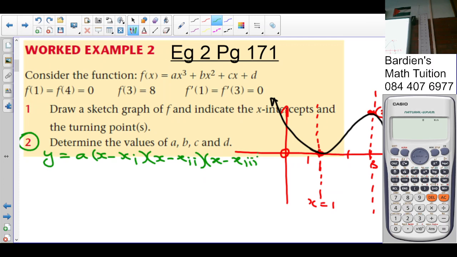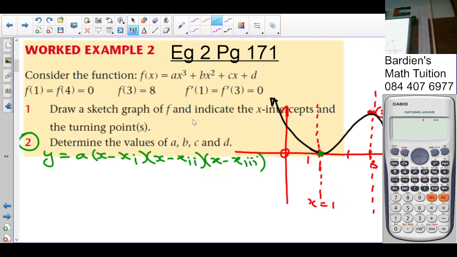Not so? But what do you notice about this graph? There's two of the same here. Not so? So one occurs twice. Not so? So I must then in the formula represent it twice.